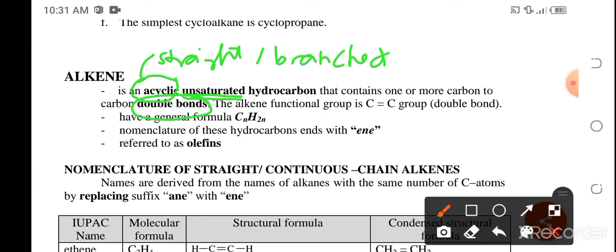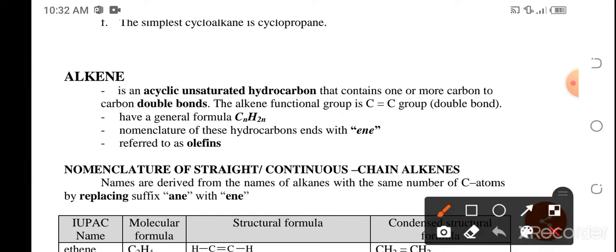So, with the presence of the double bond, they are classified as unsaturated. This double bond is the functional group for alkene, and it should be in between two carbon atoms, such that we call this carbon to carbon double bond.